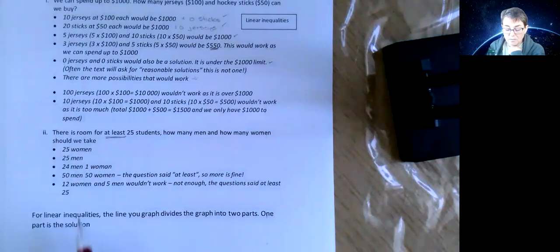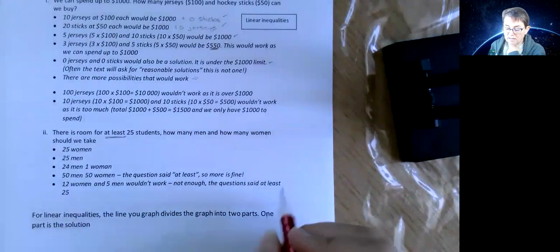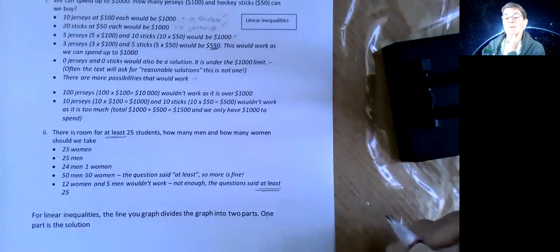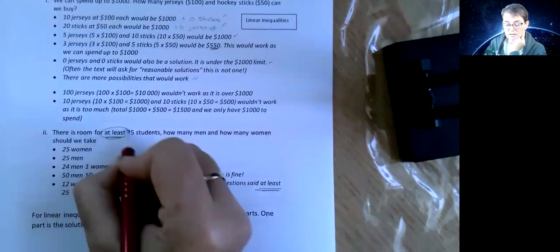If 50 men and 50 women show up, we're good. The more the merrier. However, if 12 women and 5 men, that's not going to work because it's at least. We need at least 25. Maybe we're going to have a party, and I've decided we need at least 25 people to come to my party. If not, it's not much of a party. So more the merrier.